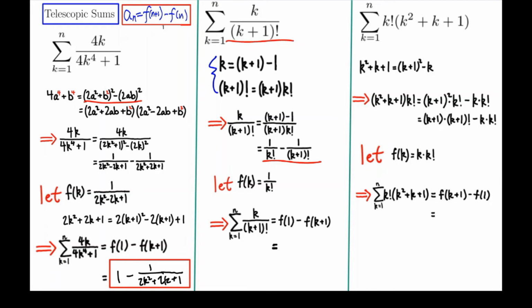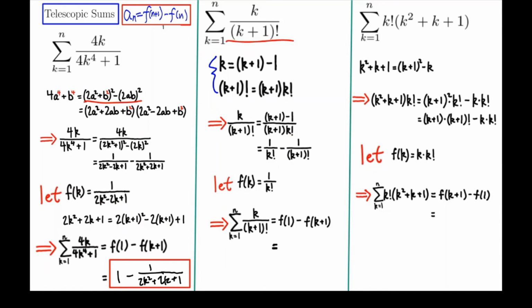So if we let f(k) equal to 1 divided by k factorial, then we can cancel a bunch of stuff because, well, we don't have to do the same thing in this problem where we had to prove that this is equal to this, because f(k plus 1) is already equal to this over here, so you don't have to worry about that in this problem at least.